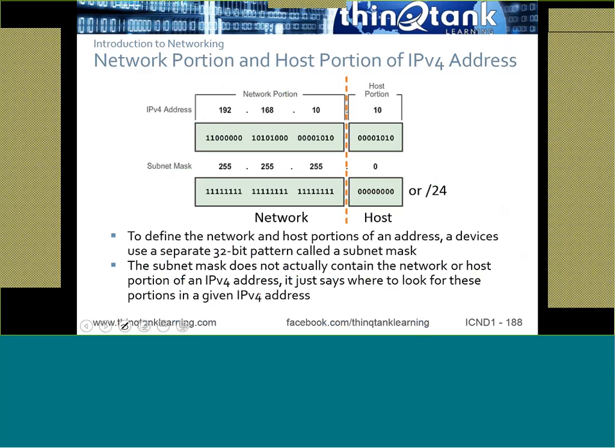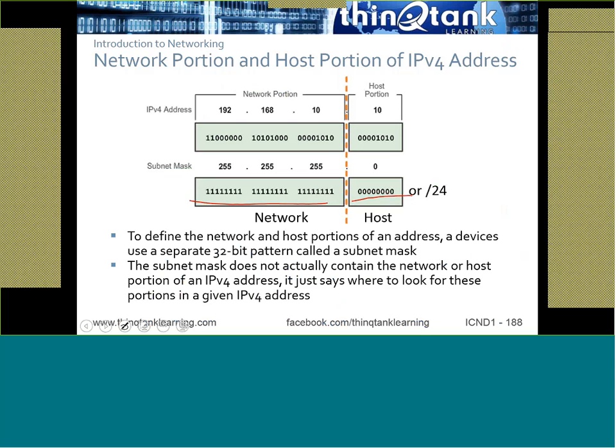The subnet mask can only be written, and this applies to IPv6 as well, as consecutive ones followed by consecutive zeros. You will never see a subnet mask that has ones and zeros mixed together, because the ones represent the network portion of the address, the zeros represent the host portion.